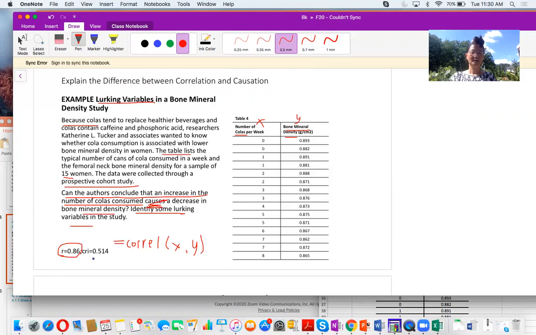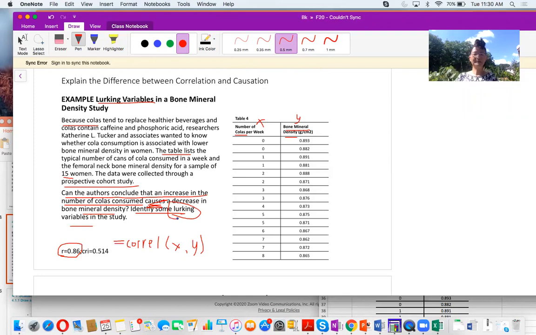But as a matter of fact, the X has nothing to do with the Y. There are lurking variables. So what are the possible lurking variables?